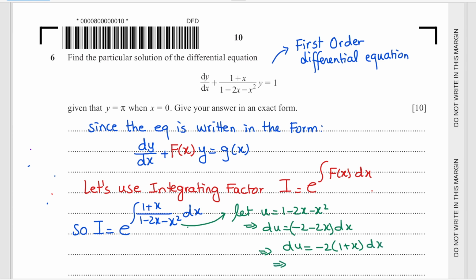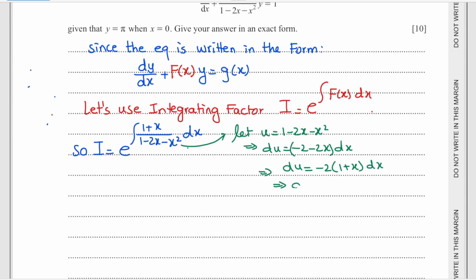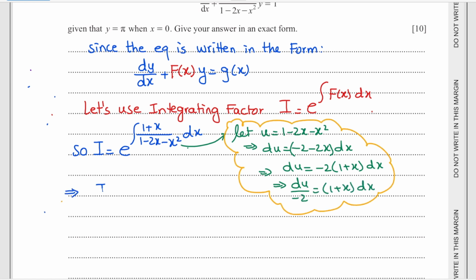So I can replace (1 + x) dx by du over -2. So I equals e to the power integral of du over -2u. This implies that I equals e to the power of -1/2 integral du over u.